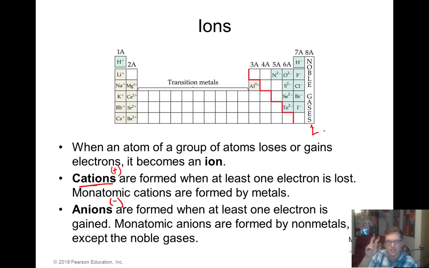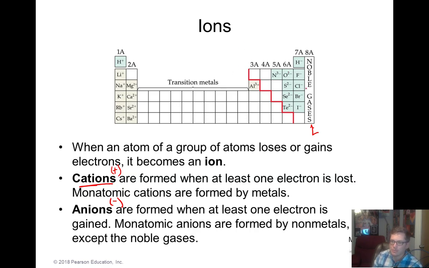They are perfectly content, meaning they're exactly stable where they are. So the noble gases are stable. They don't participate in chemical reactions. So we can assume that the noble gases all have the most stable arrangement of electrons. All of the other elements around the noble gases want to either gain or lose electrons to become like their nearest noble gas.